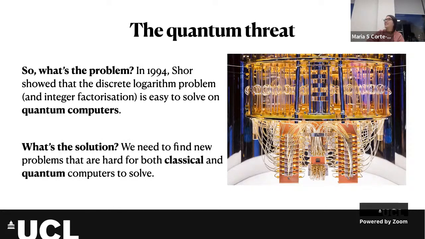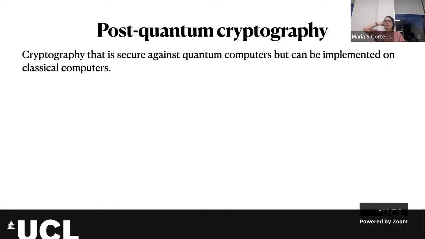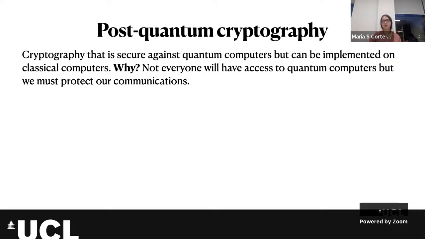So this leads us to try to find new mathematical problems that are hard for both classical and quantum computers to solve. And we want these problems to be flexible enough that we can build cryptography from them. This kind of gave birth to post-quantum cryptography, which is a type of cryptography that's secure against both classical and quantum computers, and that you can implement on your classical computer.